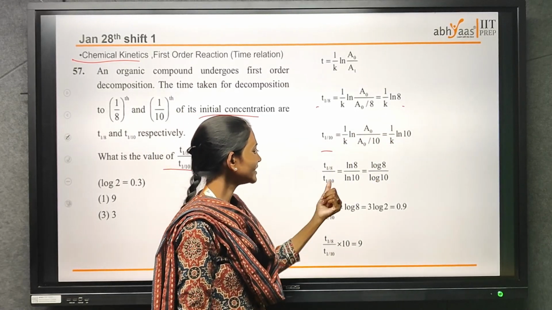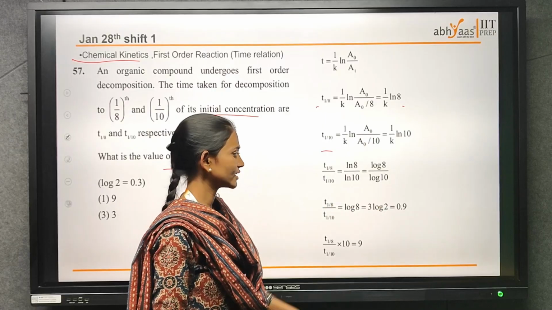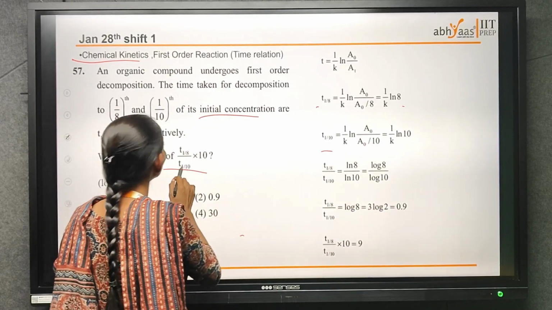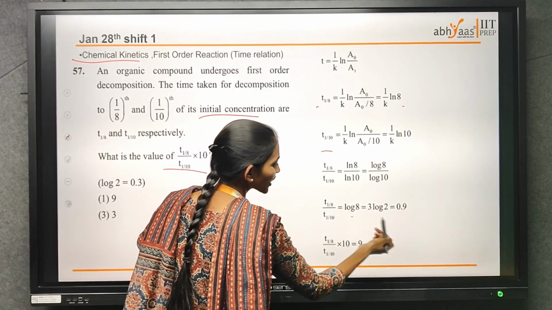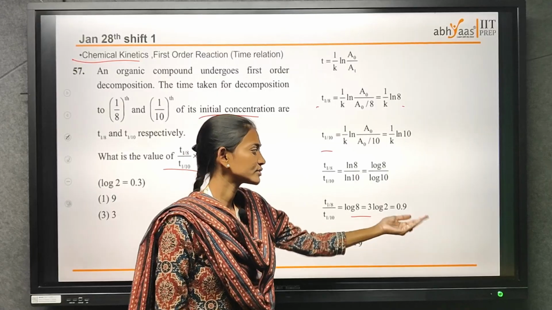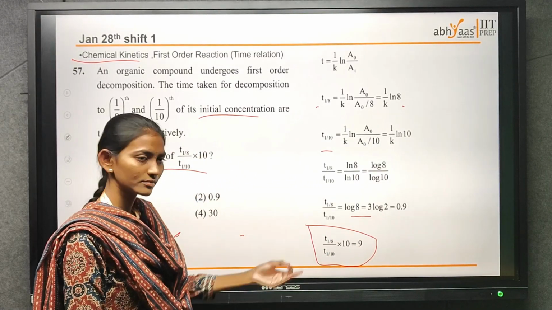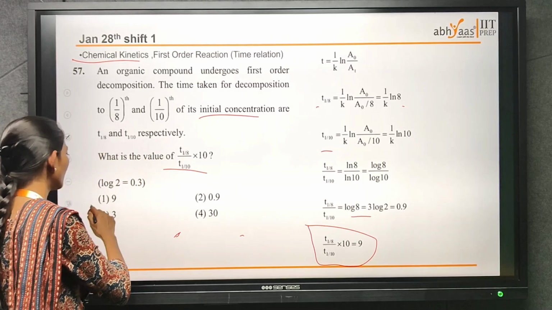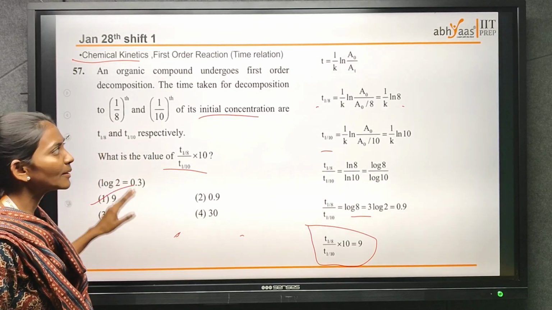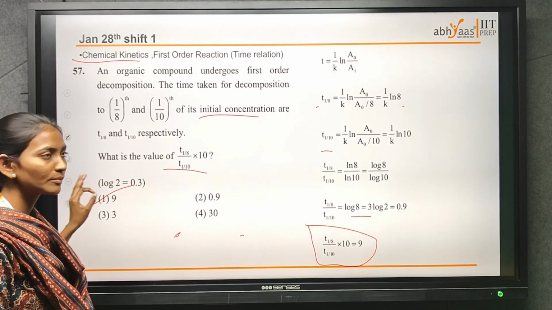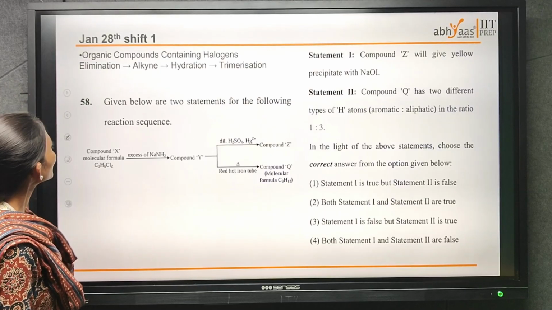They have given the value of ln 10, so ln 8, which is 3 ln 2, is used. Upon doing the calculation, you get 0.9, so the answer is 1. This is a time-taking and lengthy question. Moving on to the next question.